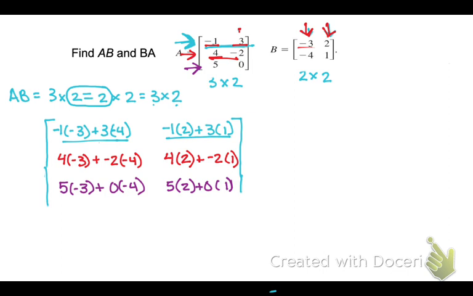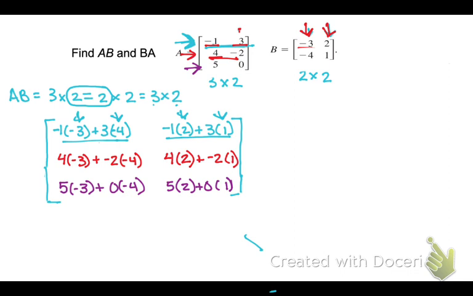Now, before I do anything else with this, let's look at some patterns. Do you see your columns? So they should be 1, 1, 1, 2, 2, 2, negative 4, negative 4, negative 4, negative 3, negative 3, negative 3.